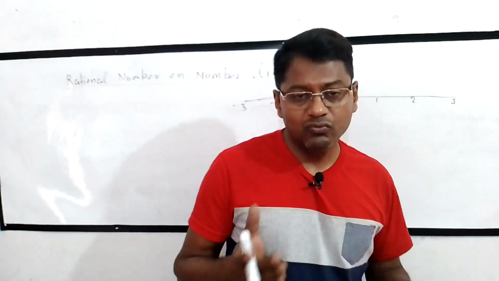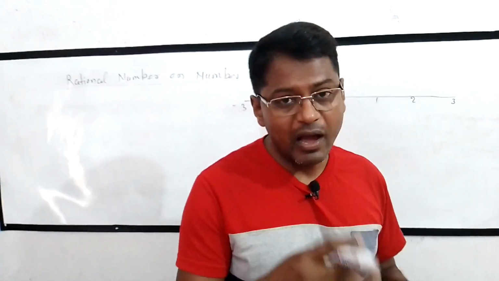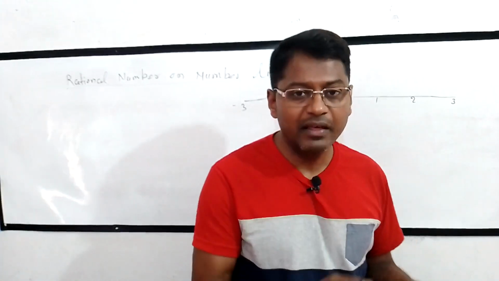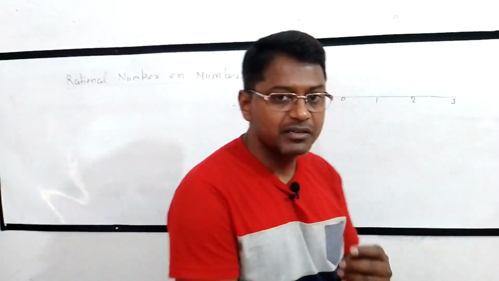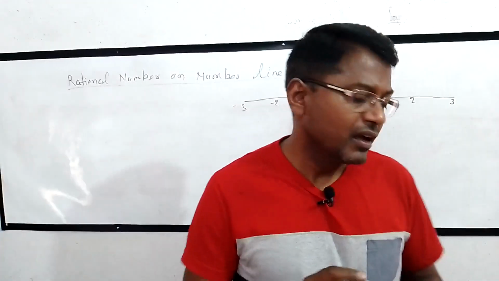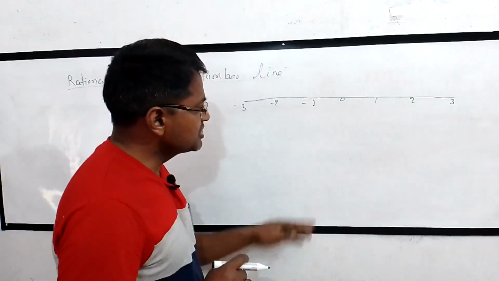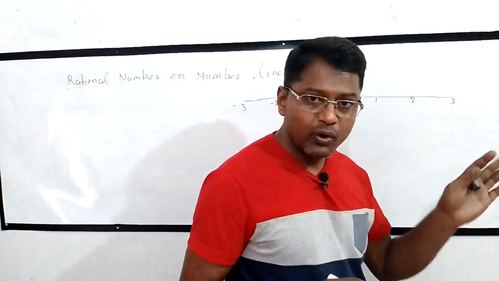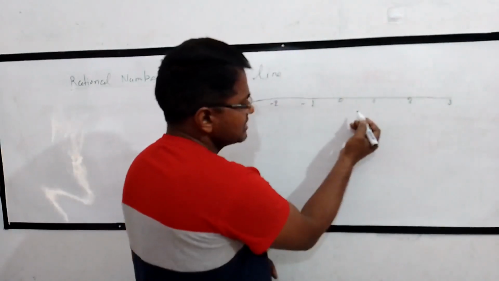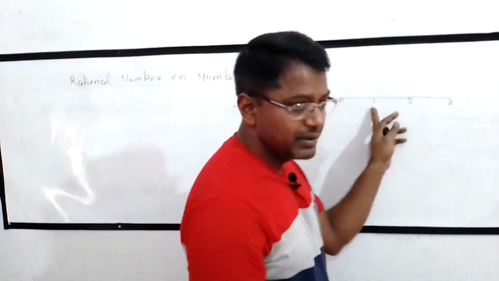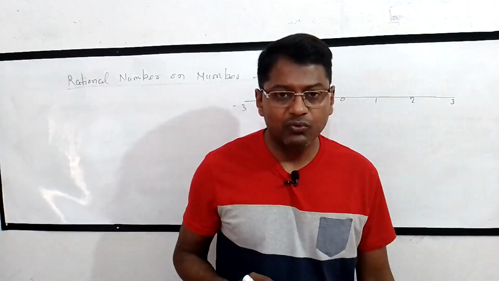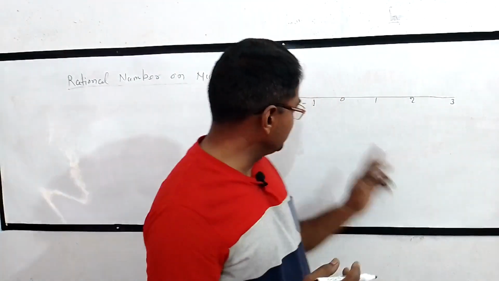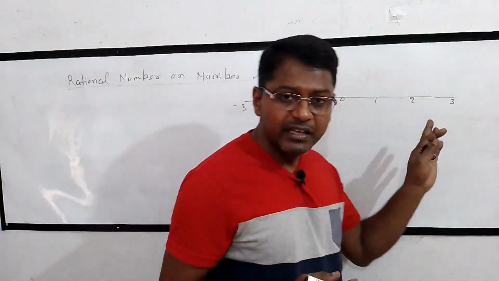Now you have to show rational numbers on the number line. How will you proceed? It is very simple. It is in the same way. For example, any rational numbers in between 0 and 1 will be in a ratio.